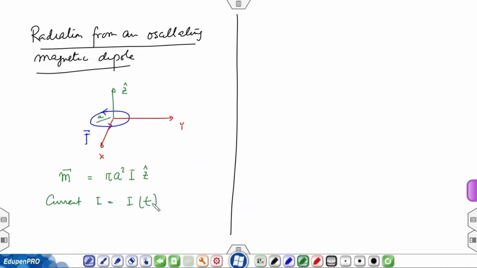We will take this dependence to be harmonic a little later, but right now let us just work it out in general.